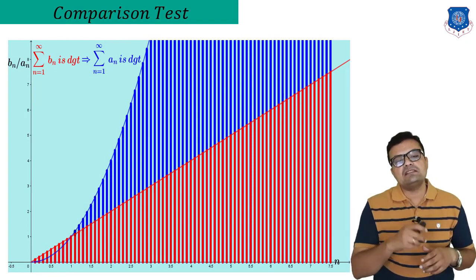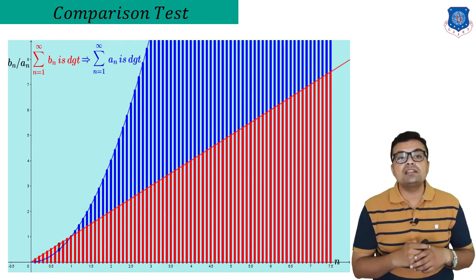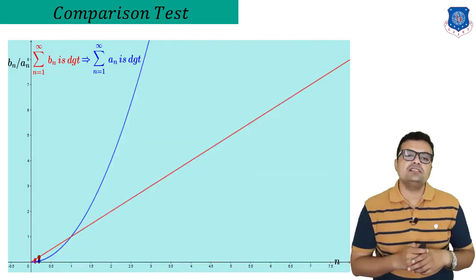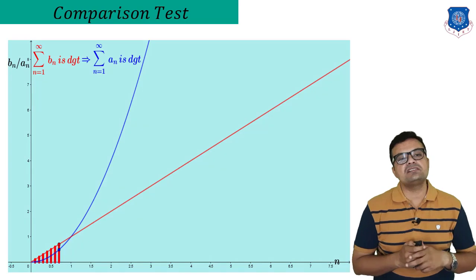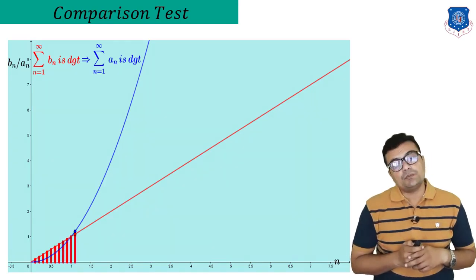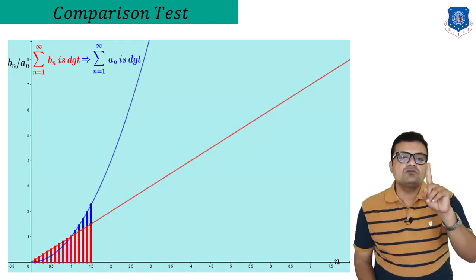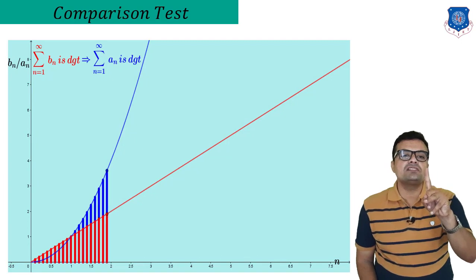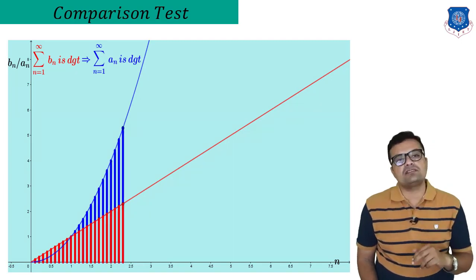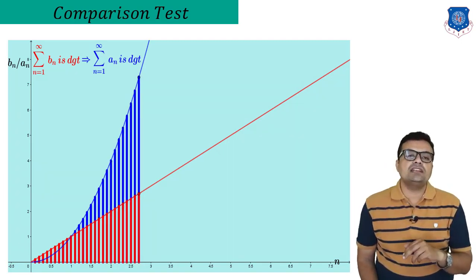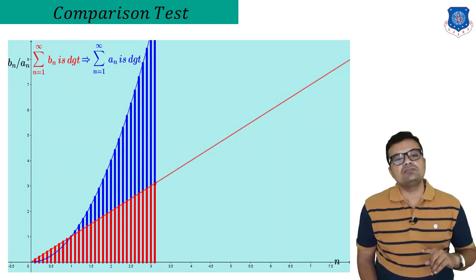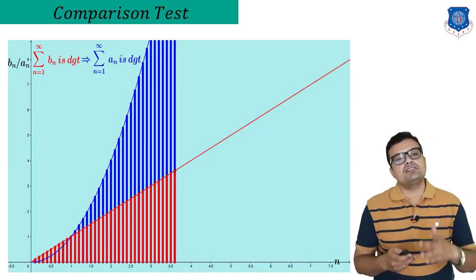And that simply means that if I want to prove that the given blue series is divergent, I need to check whether any one sub-series is divergent or not. So if you can find at least one sub-series of the given series which is divergent, then the given series is divergent. And if you can find at least one super series of the given series which is convergent, then the given series is also convergent.